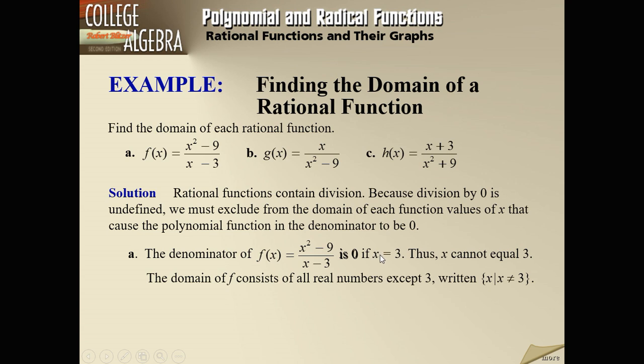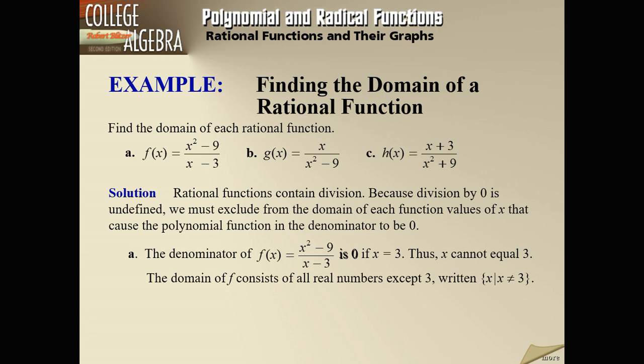So, pag sinubstitute daw natin si 3 dito sa denominator natin or sa x natin, magiging 0 yung denominator natin. Okay, so that is 3 minus 3 and magiging undefined na yung function natin. So, hindi siya pwedeng maging value ng domain natin for this function.